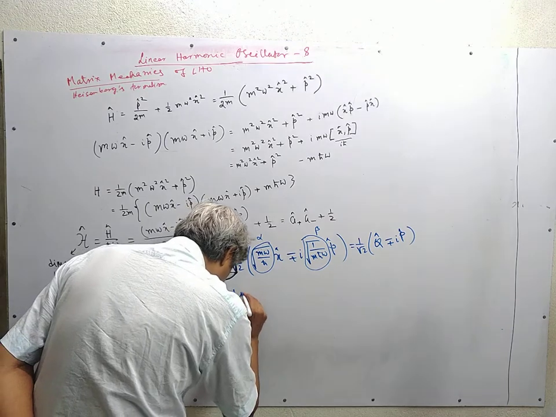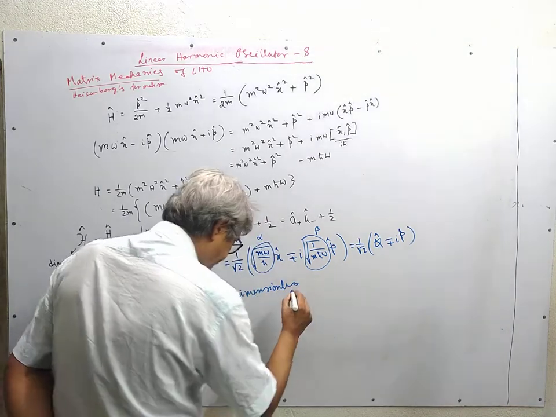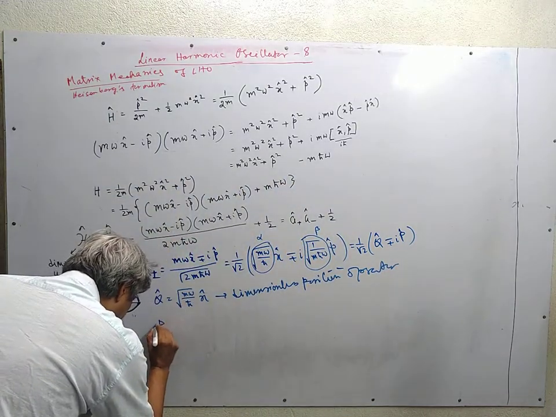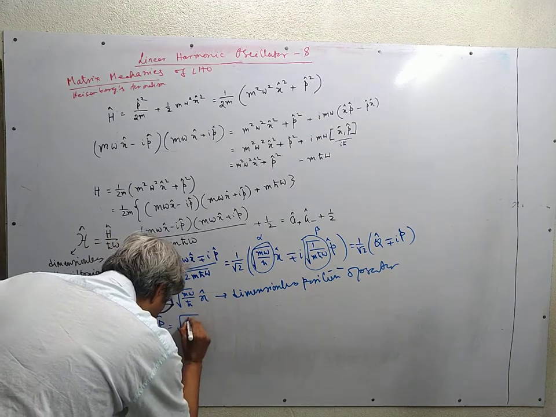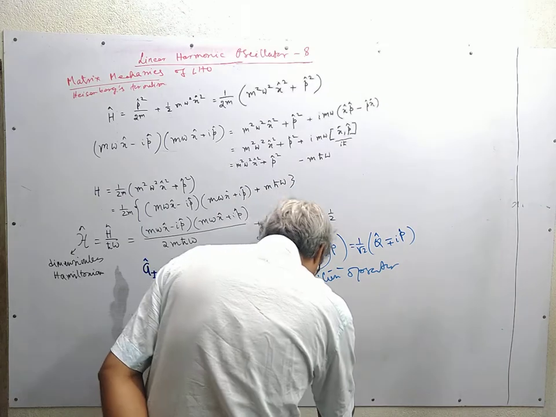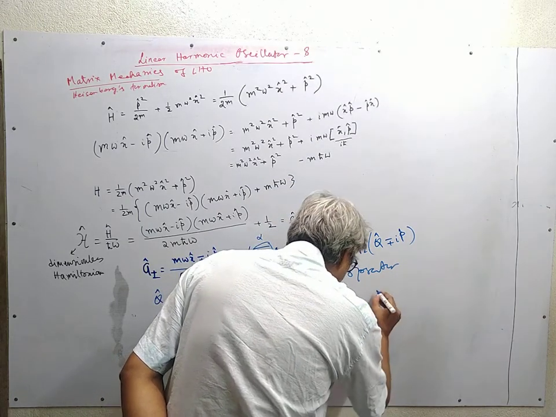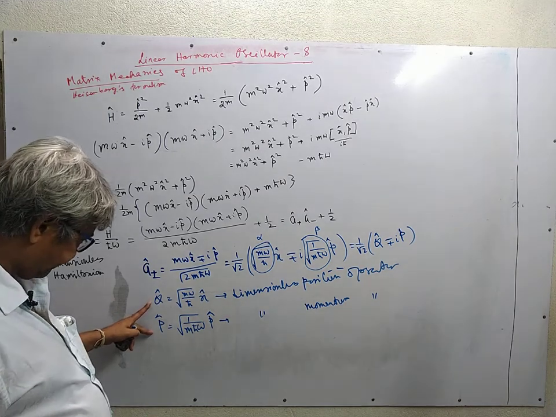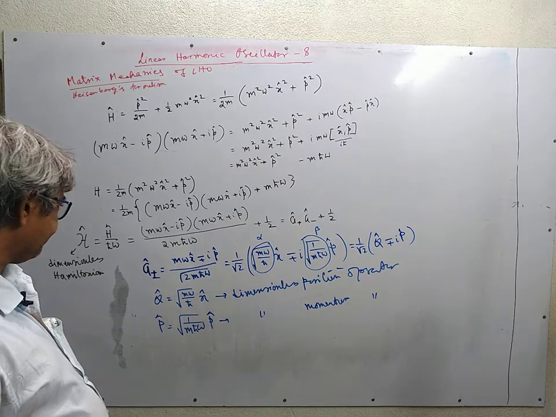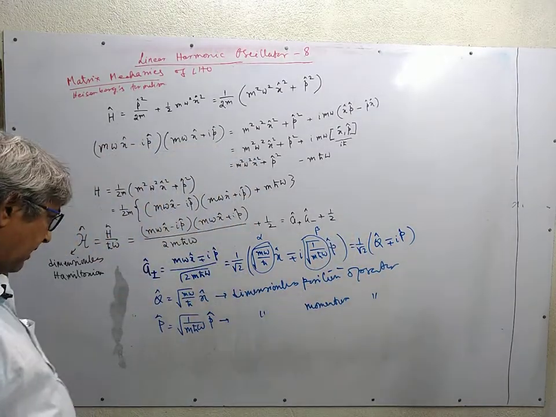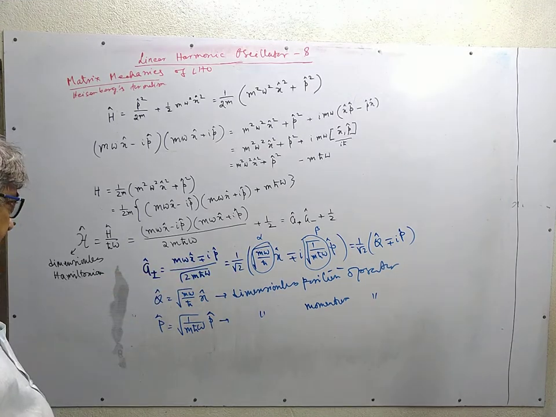This is the dimensionless position operator, and capital P is equal to 1 upon the square root of m h cross omega times small p, the dimensionless momentum operator. It is interesting to see the basic commutator relation in terms of Q and P. I will be coming to this point afterwards. So the quantity A plus-minus is defined in these terms. It is the dimensionless form of the position and momentum operators.